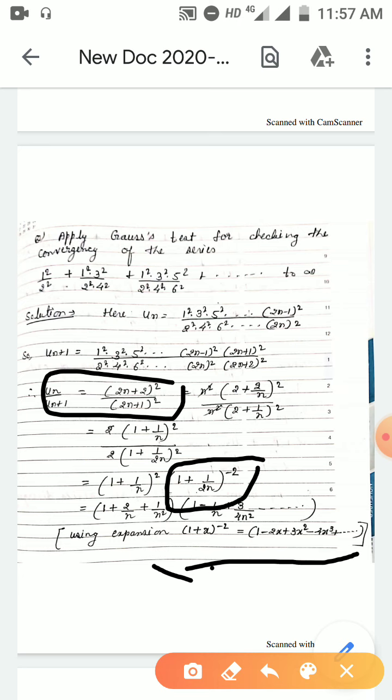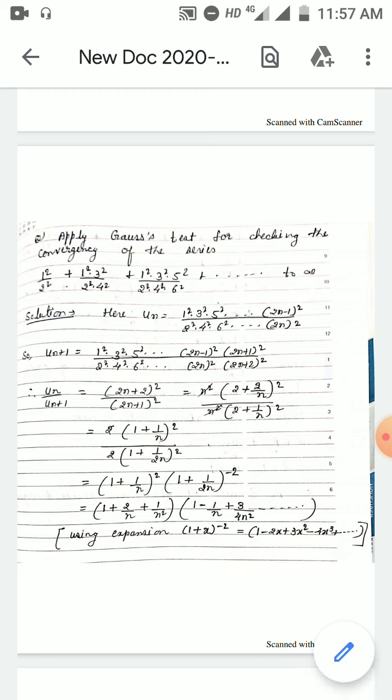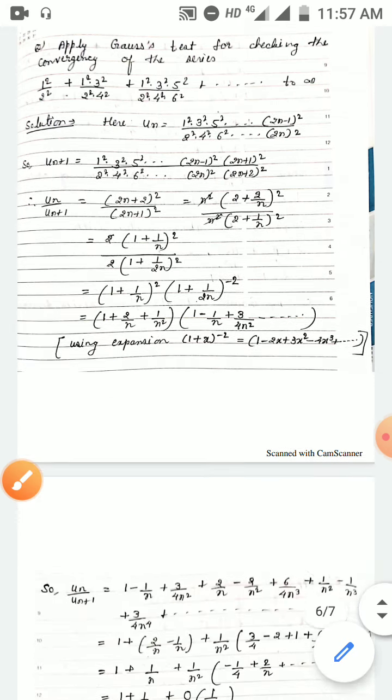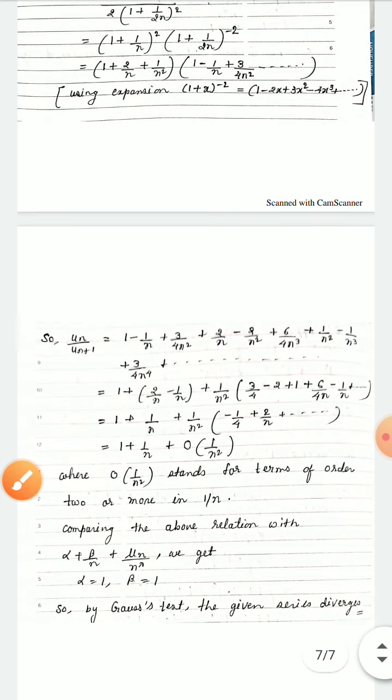Applying this expression, (1 + 1/(2n))^(−2) becomes 1 − 1/n + 3/(4n²) − and so on.